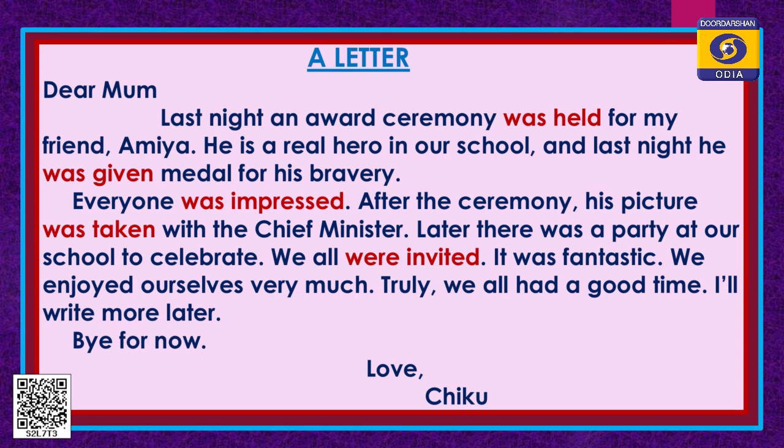So, who has written this letter? Chiku has written. To whom? To his mother. About what? About his friend's achievement, right. Now, look at the sentences with red color phrases. Last night an award ceremony was held, simple past, passive form with simple past.